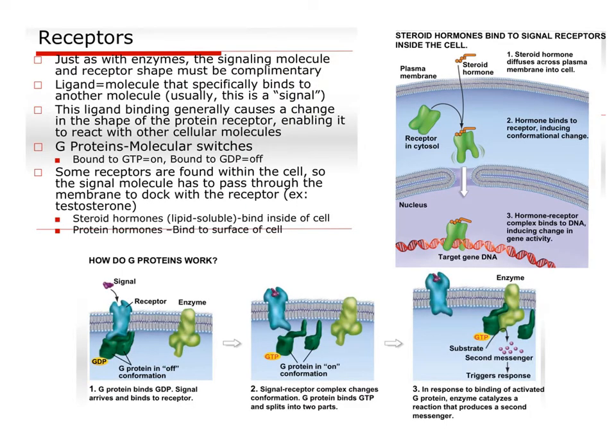All right, now I mentioned some receptors are on the surface of cells, and then some of them are inside of cells. Okay, so here is the term ligand that we were talking about. This is the signal molecule, and the ligand typically, here's an example here, will bind to a receptor. Now this particular receptor is known as a G protein.